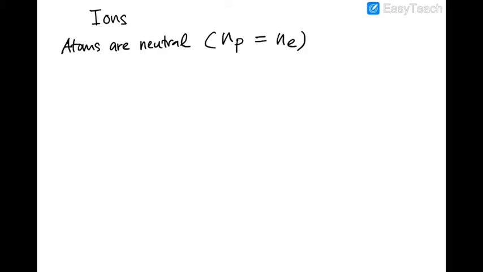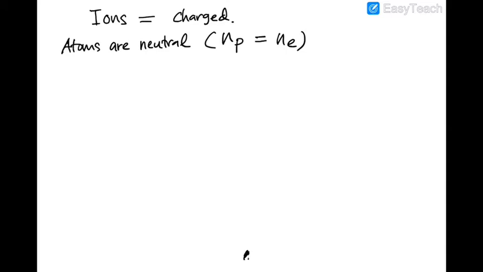Now we will discuss ions. So if we know before that atoms are neutral, meaning that the number of the protons is the same as the number of electrons, ions are not neutral.